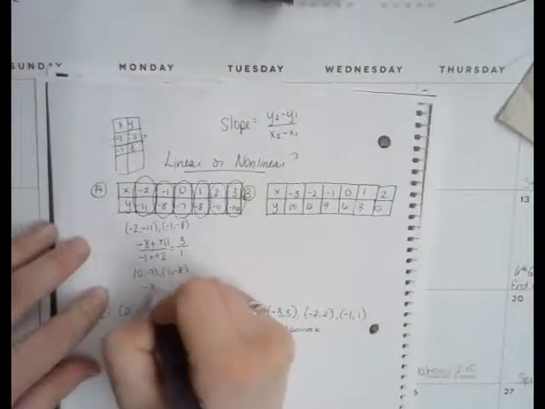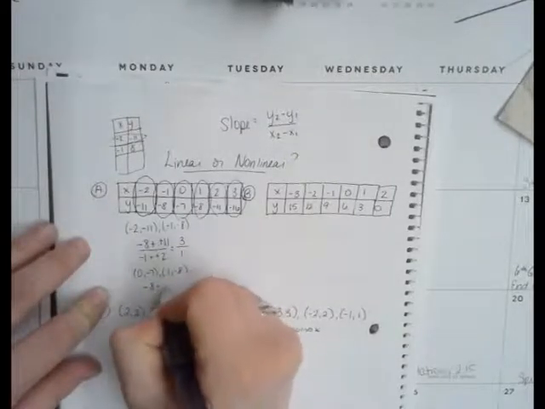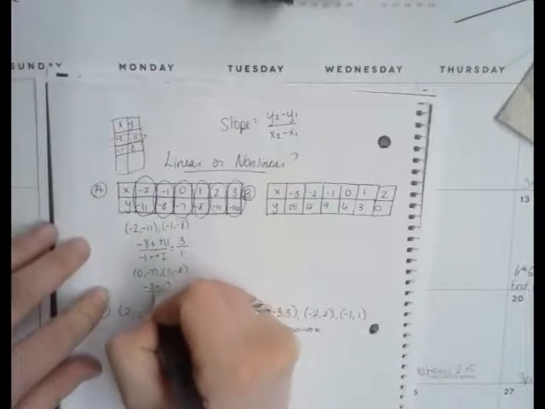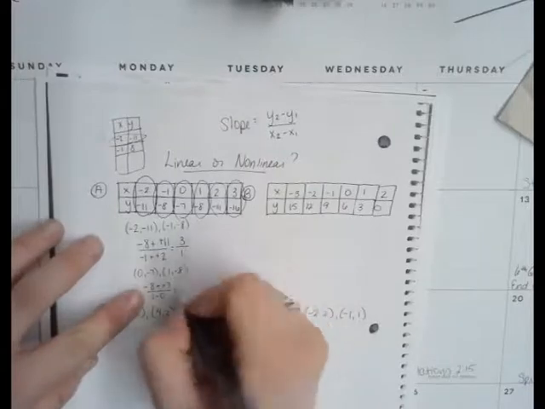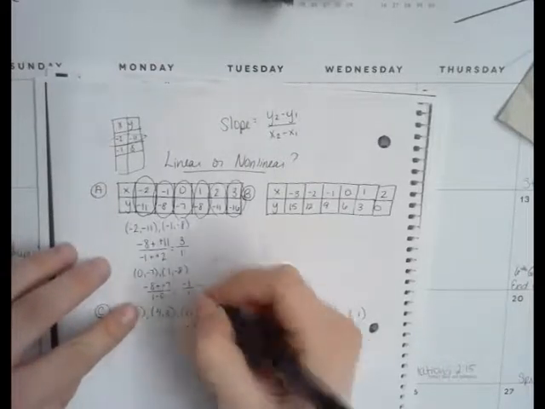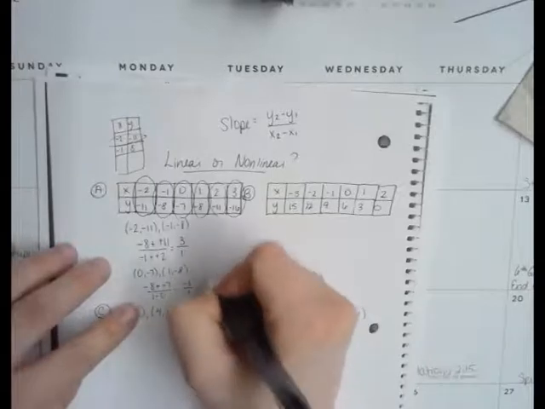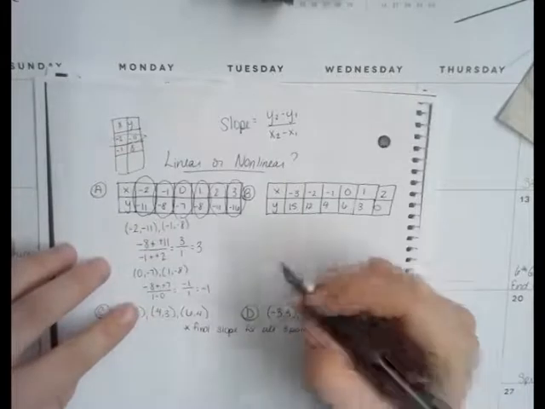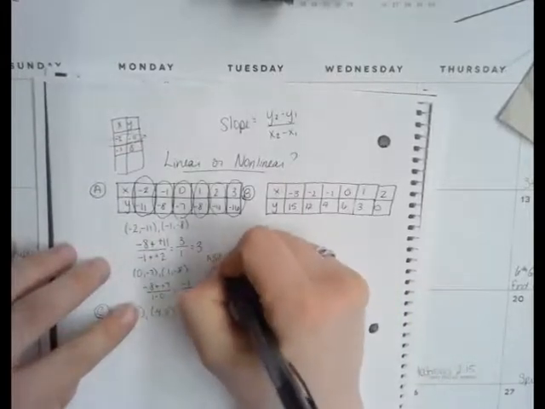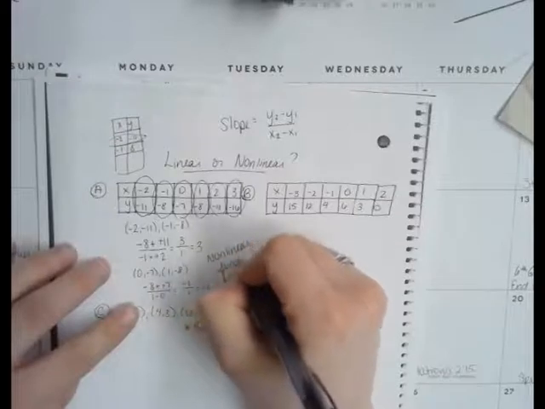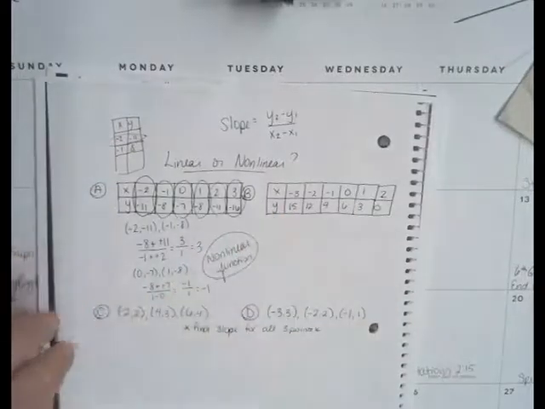So I have -8 minus -7 over 1 minus 0. Okay, so you see -8 plus 7 is -1. 1 minus 0 is 1. So that means this slope is -1. This slope was 3. So since my slopes are not the same, this is going to be a nonlinear function because they are not the same.